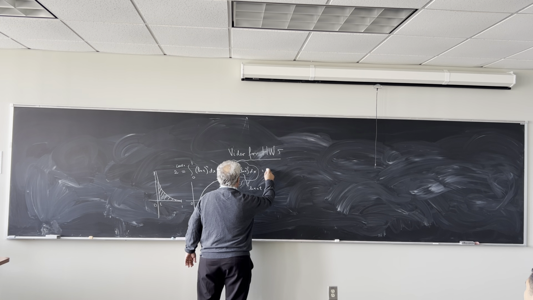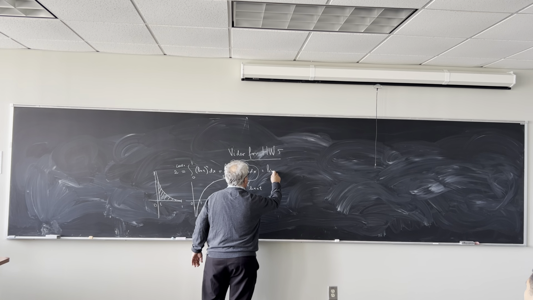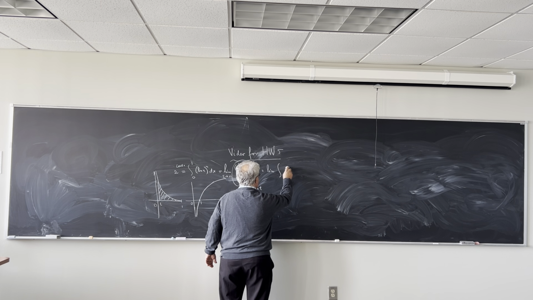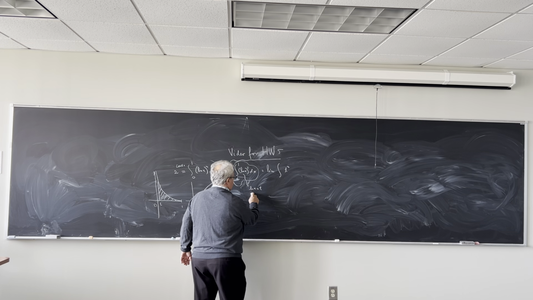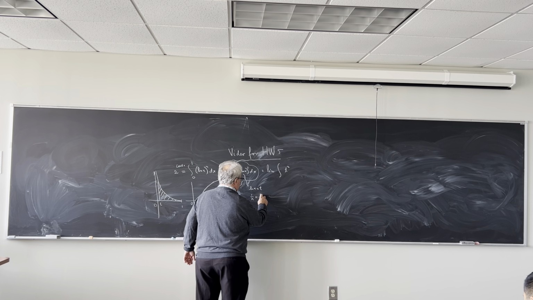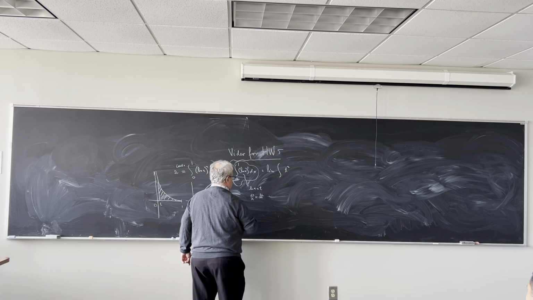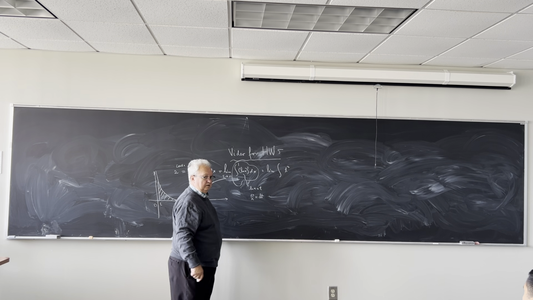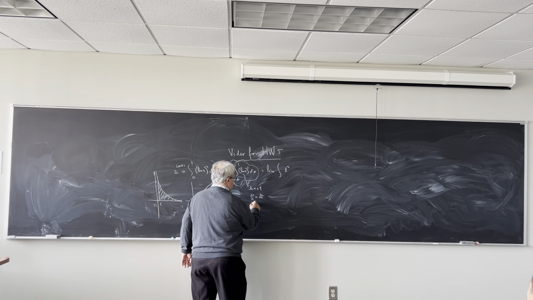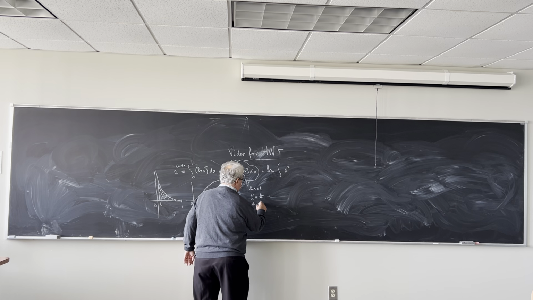So this would be equal to the limit of t squared, and if you differentiate this, you get 1 over x dx equals dt, so dx is x dt.